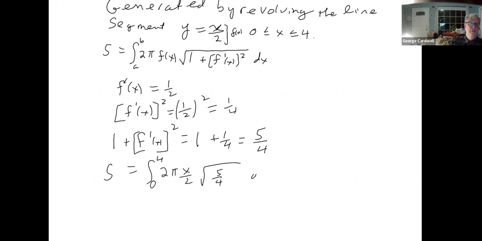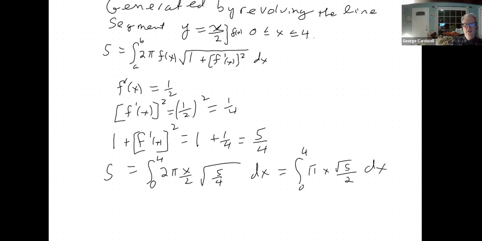So that's what I have to integrate. Notice these 2's cancel, so this is going to be the integral from 0 to 4, and that gives me pi x. The square root of 5/4 is the same thing as root 5 over 2.